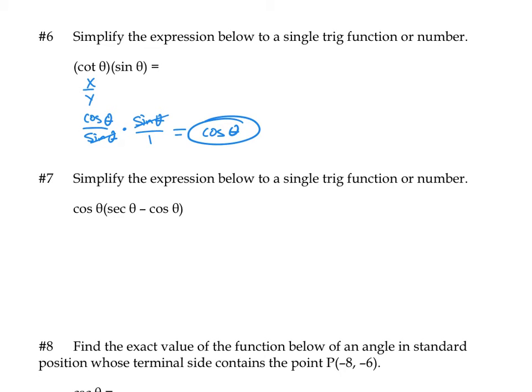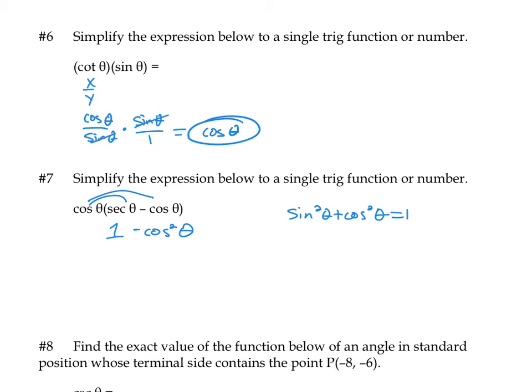All right, simplifying this expression below, we're going to distribute cosine into the parentheses. So cosine and secant are reciprocals. So when we multiply those, we will get 1 minus cosine squared. Cosine times cosine is cosine squared. If we're looking at this, there's a Pythagorean identity. Sine squared plus cosine squared equals 1.